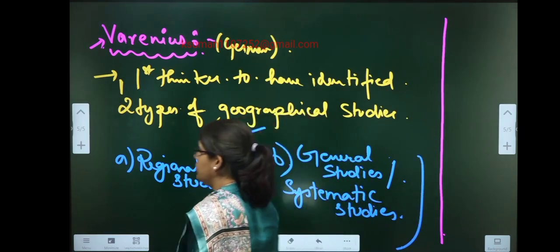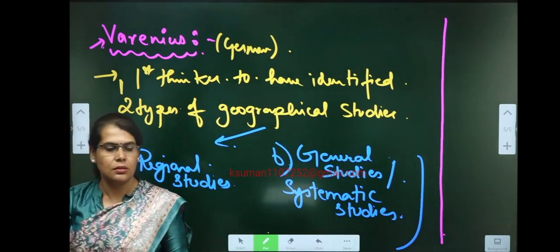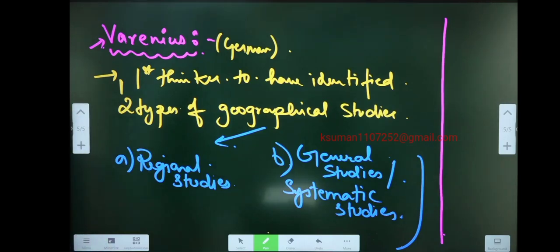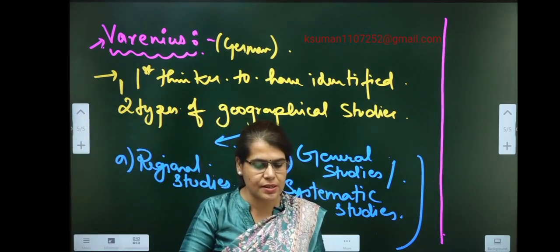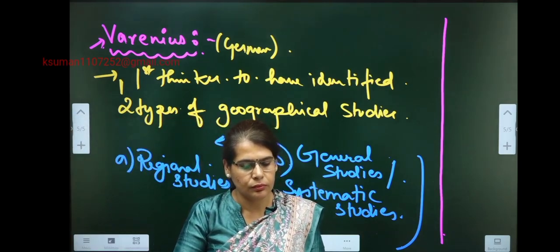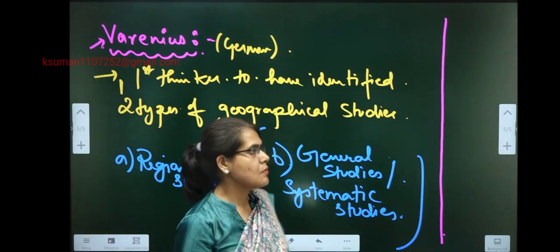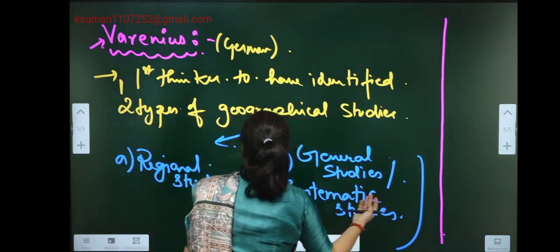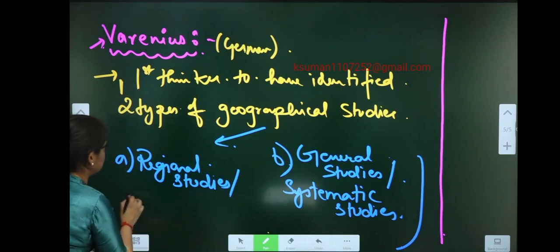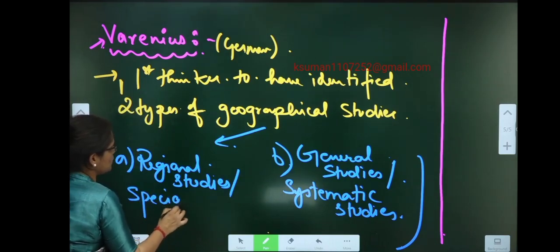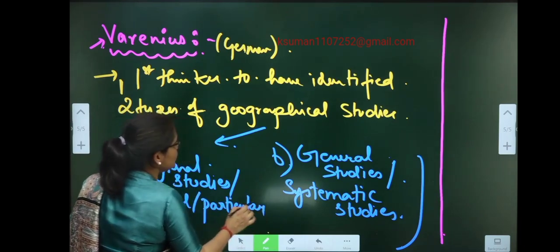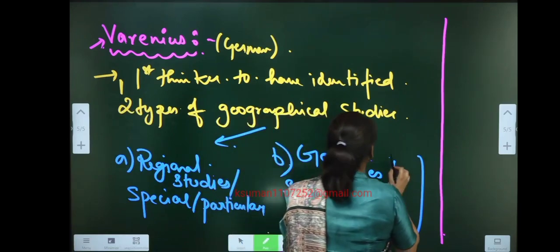Write down, Varenius was the first person to have identified two types of geographical studies. One is special or particular, and the other is the general or the universal.